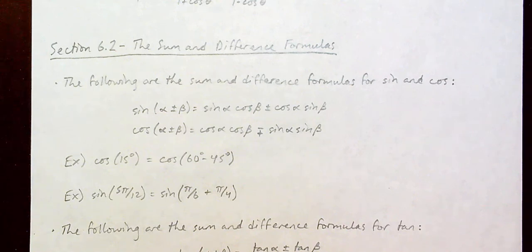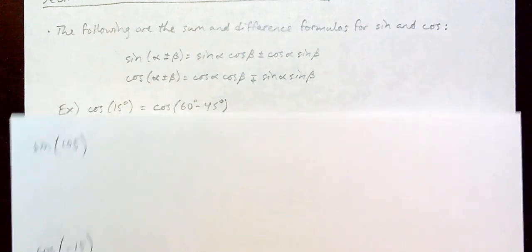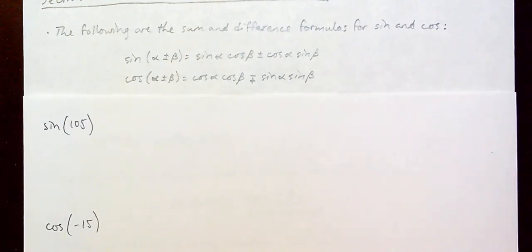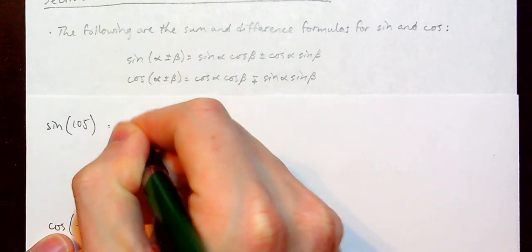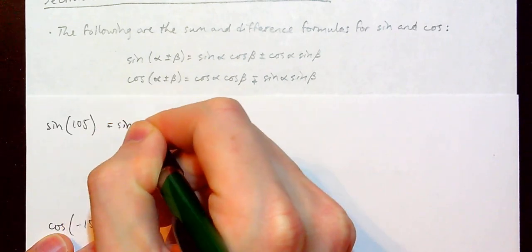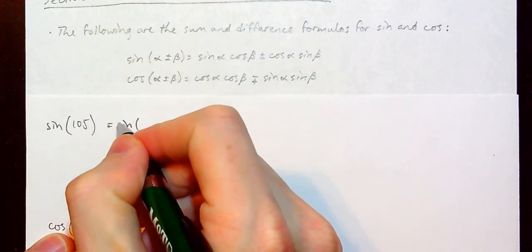So these seemingly bad angles we can now actually do something with. So let's do a couple sample problems here, just to at least help us see how these formulas would be used. We're going to start off with finding the sine of 105. So I'm thinking, what two angles can I take the difference or sum of to get 105?